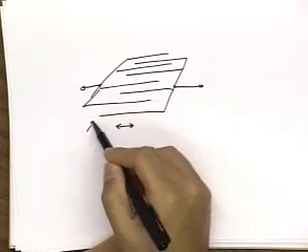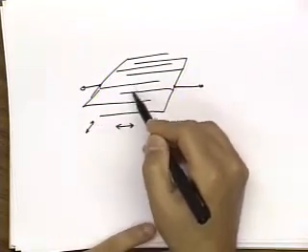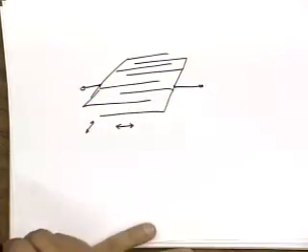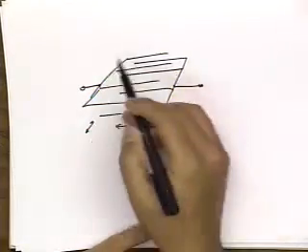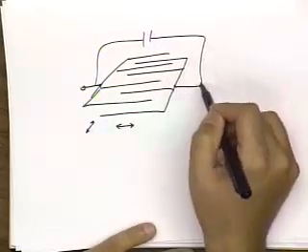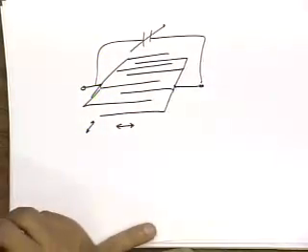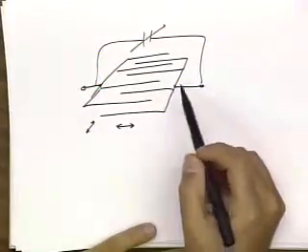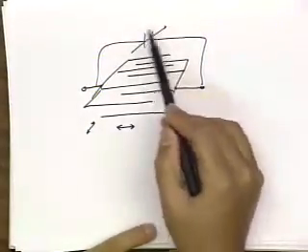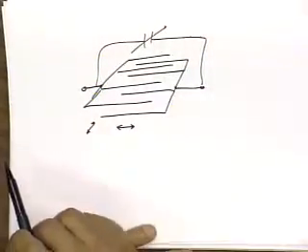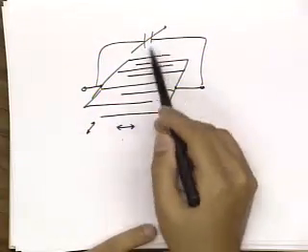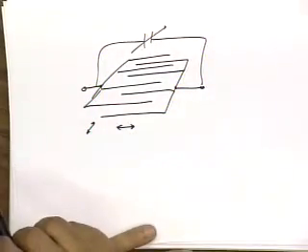But if you have a displacement in this direction, this is going to get closer here, further here. The capacitance between this node and this node really is a function of the displacement, right? And so the idea is that I want to build a circuit that can sense the change in this capacitance.